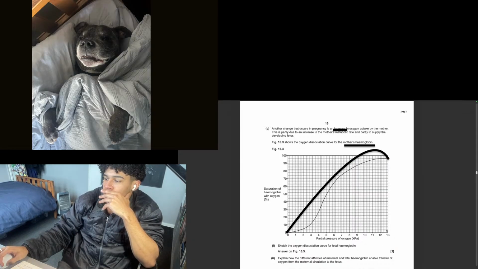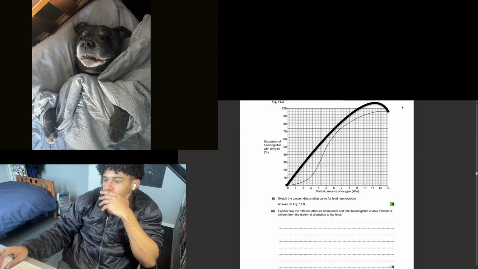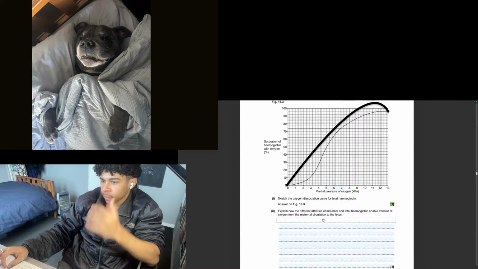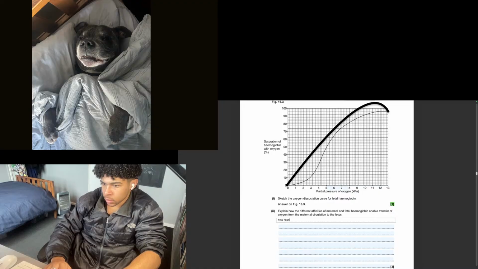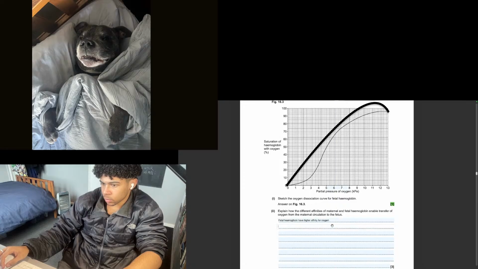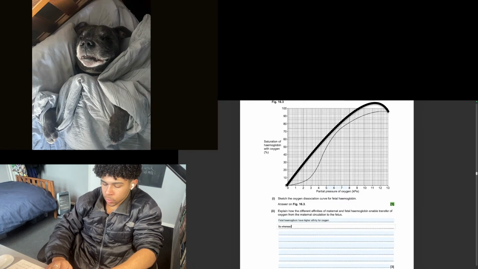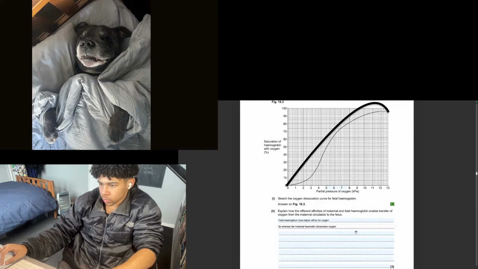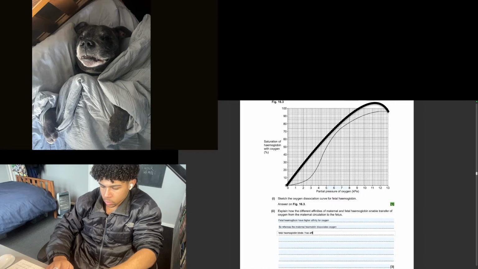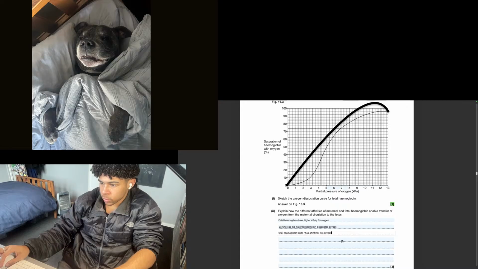Sigmoid. Okay. Fetal hemoglobin has higher affinity for oxygen.